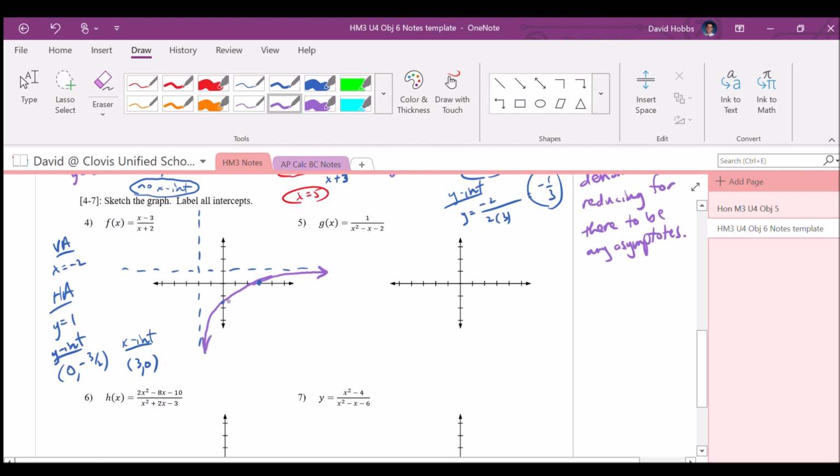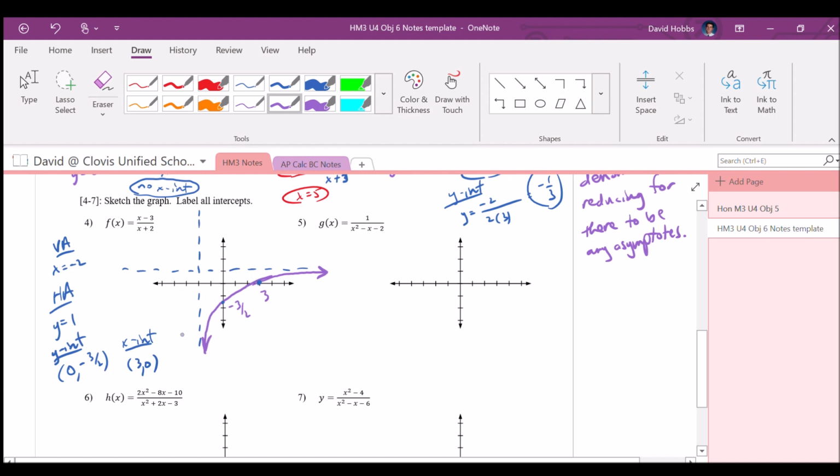Okay, we label the intercepts. So negative 3/2 for the y-intercept, positive 3 for the x-intercept. And now, over here on the left-hand side, we don't have any x-intercepts. The only x-intercept we had was over here on the right-hand side.